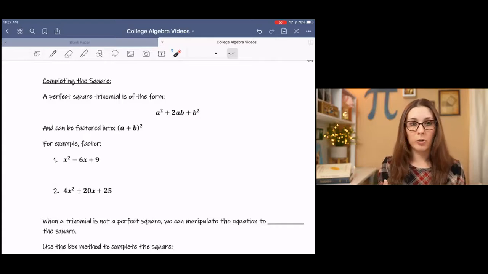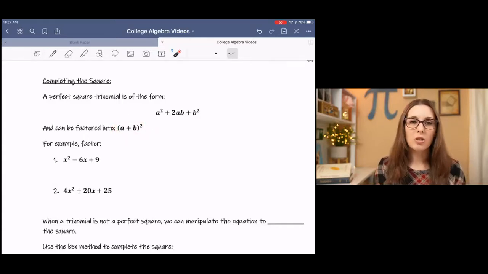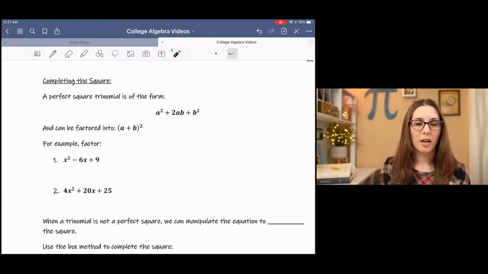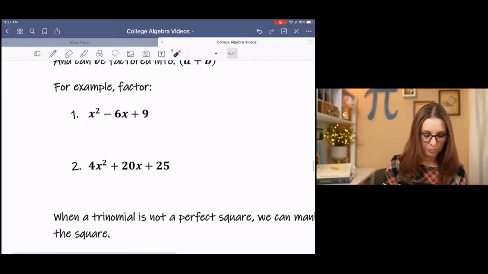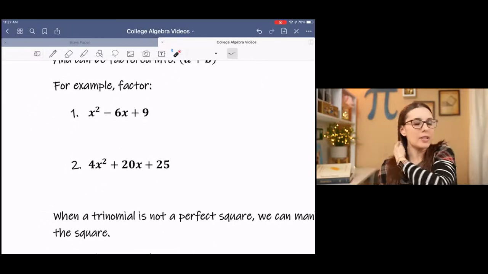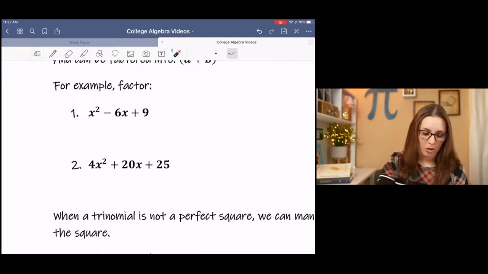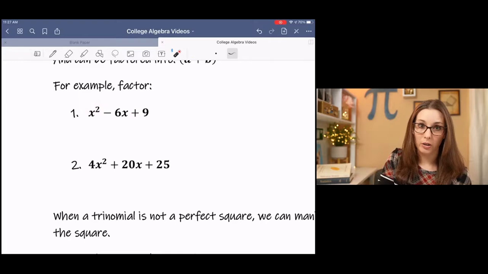And those perfect square trinomials can be factored easily into this. So just a quick example of that to show you what you would be looking for if you did have a perfect square trinomial. I have two examples down here. The first one is x squared minus 6x plus 9. So 9 is a perfect square. X squared is a perfect square.